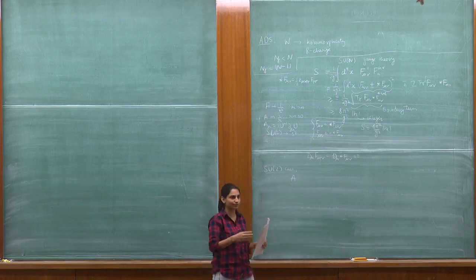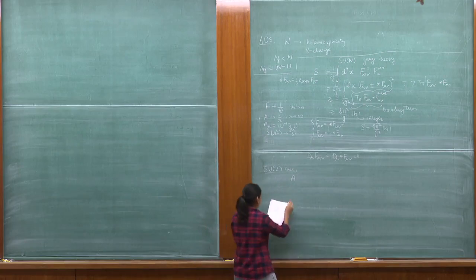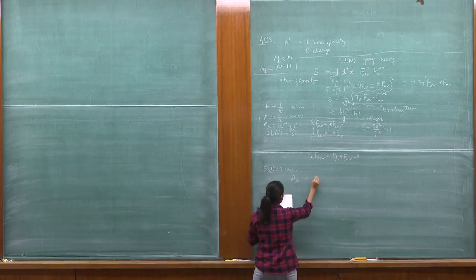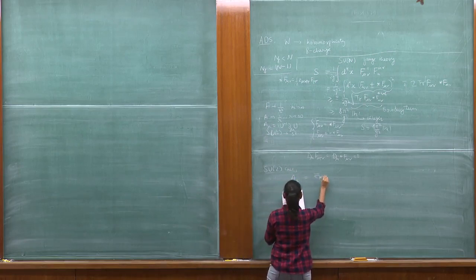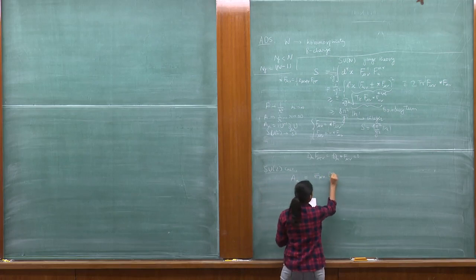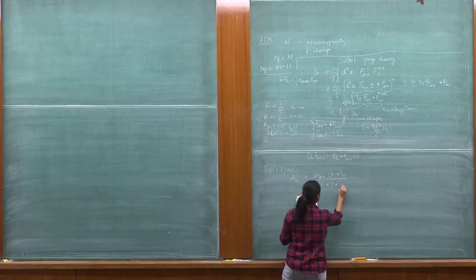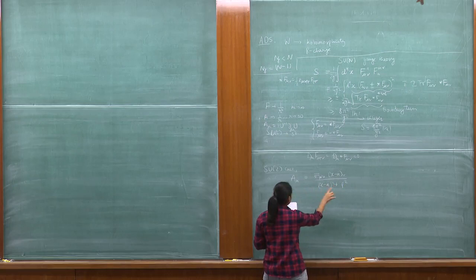So I'll just give you the solution. For SU2, A mu is sigma bar mu nu (x minus A) nu over (x minus A) squared plus rho squared. Notice there are a lot of parameters here.